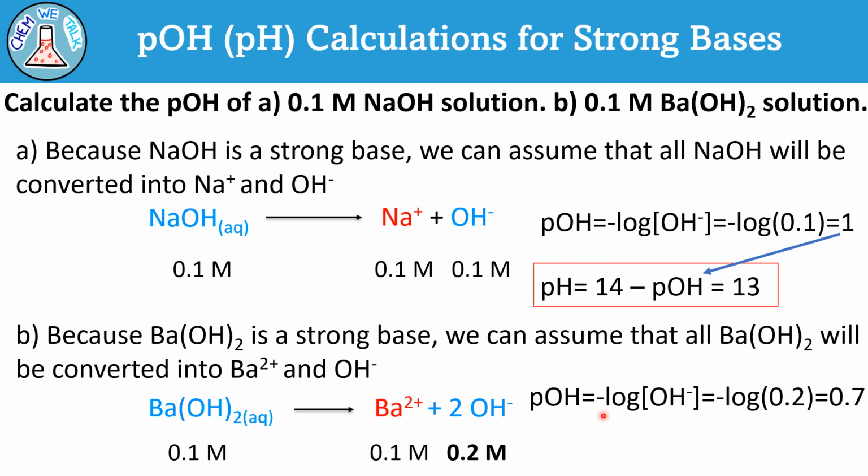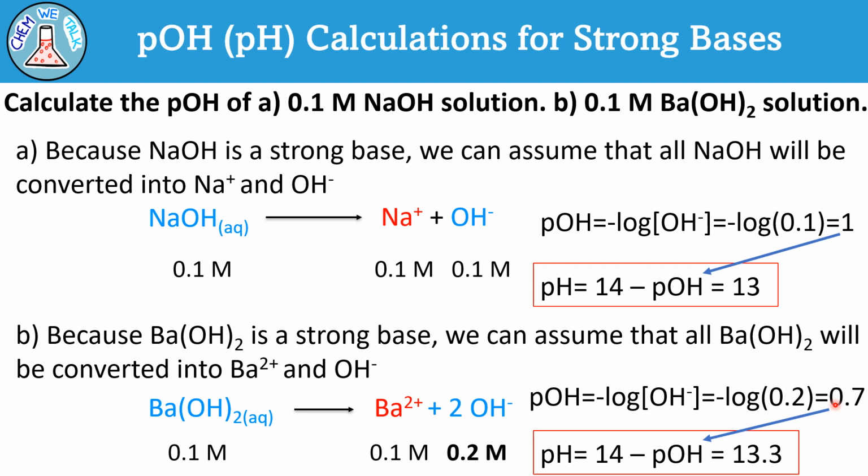So pOH is simply the negative log of OH-, so negative log of 0.2 becomes 0.7, and then pH is going to be simply 14 minus that and get 13.3. Okay, so be very careful with strong bases that have 2 hydroxides. Those would be barium, strontium, and calcium most commonly.